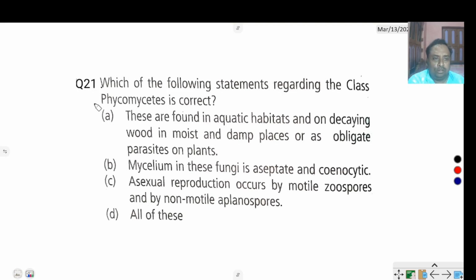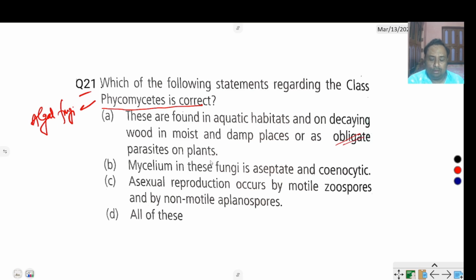Next question, question number 21. Which of the following statements is correct regarding the class Phycomycetes? Phycomycetes is also called algal fungi. These are found in aquatic habitats and on decaying wood in moist and damp places, or as obligate parasites on plants.